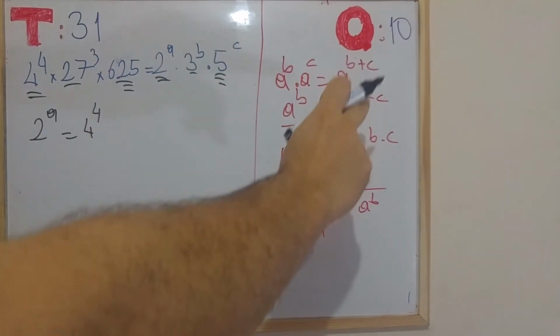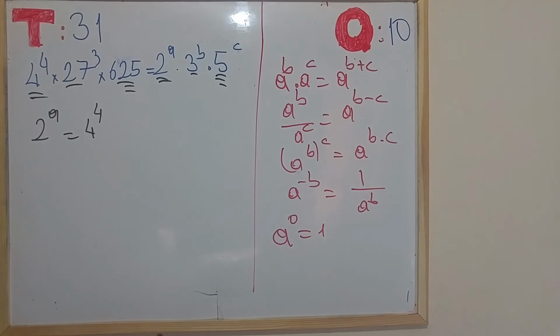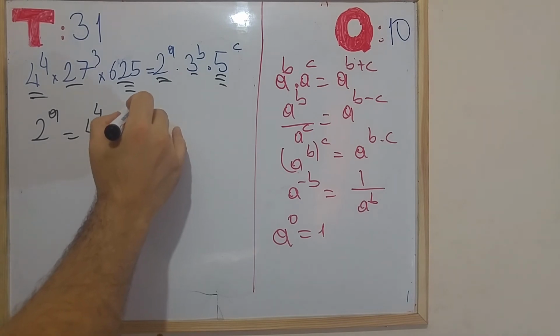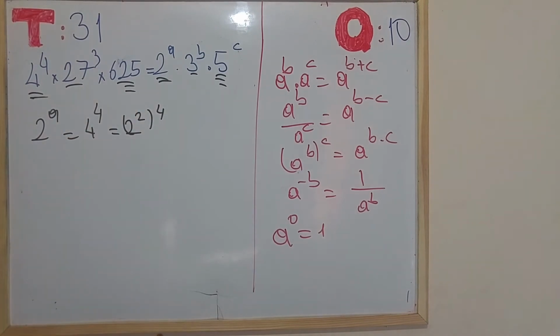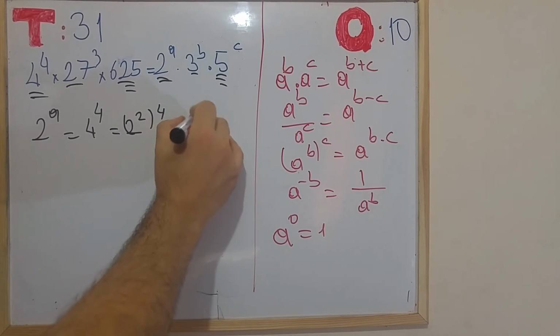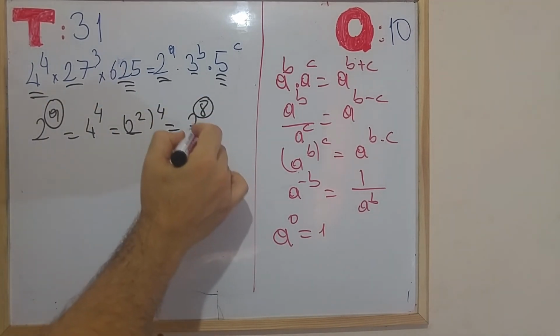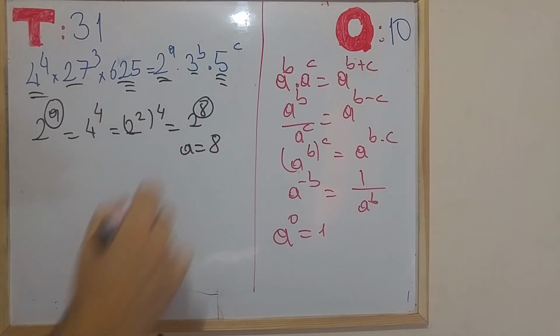And let's remember this property here, a to the b to the c is equal to a to the b times c. So this is equal to 2 to the, since 4 is equal to 2 squared, I can express it this way. So it's going to be equal to 2 to the 8. Therefore, a is equal to 8. Let's write it down. A is equal to 8.